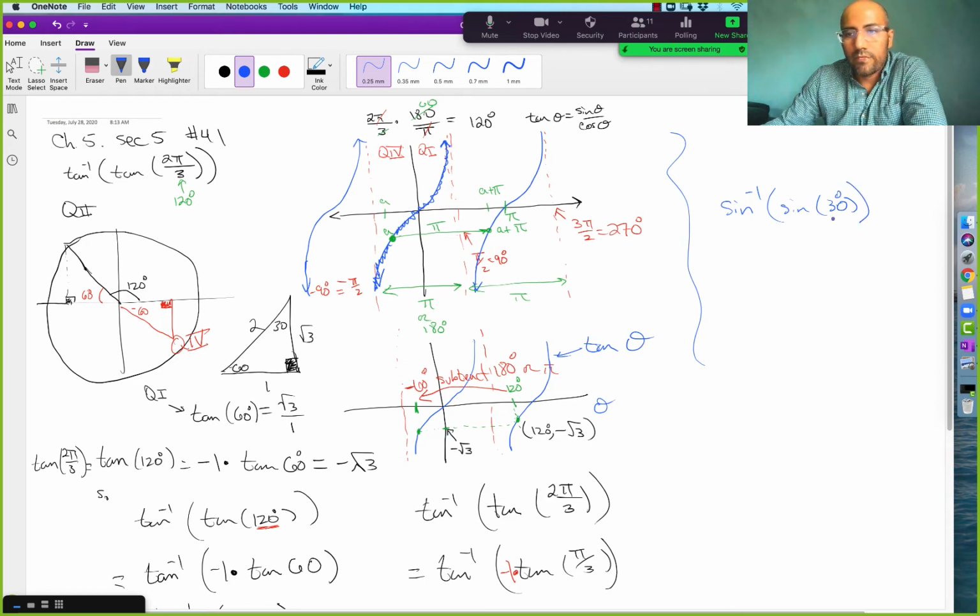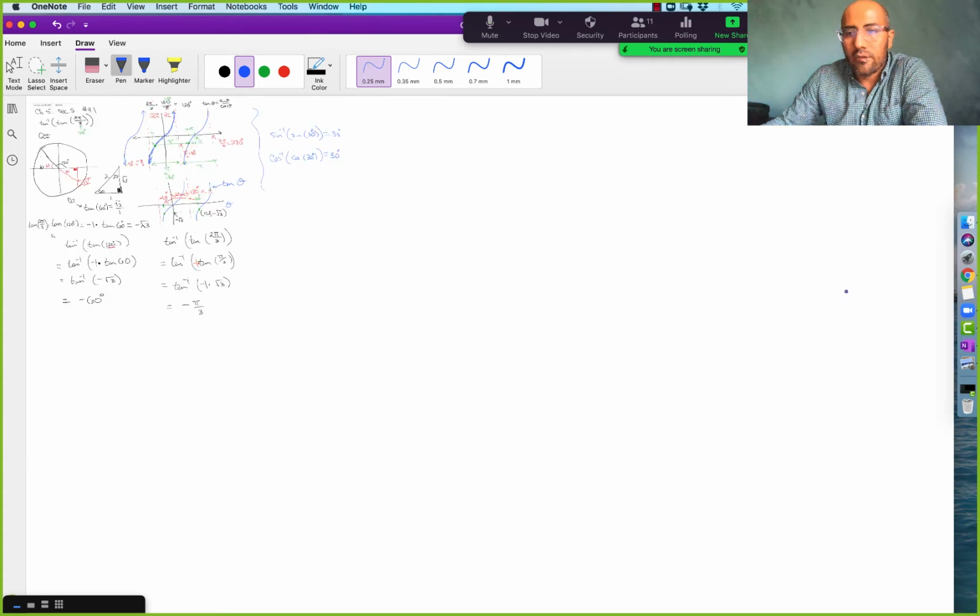Sine takes you to some number, and then sine inverse brings you back to where you started. These two operations are inverse operations of each other. They undo each other. Cosine inverse of cosine of 30 degrees equals 30 degrees.